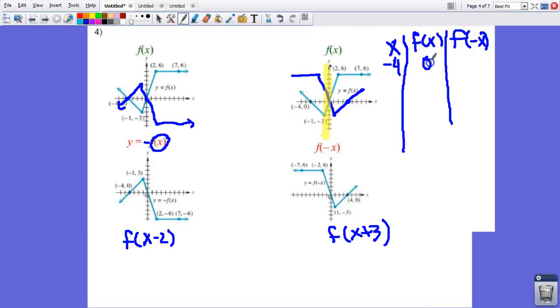And then my other answer is going to be f of negative x. So instead of putting negative 4, I put positive 4 in. But I have the same y value here, okay?